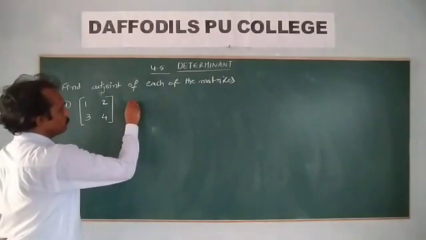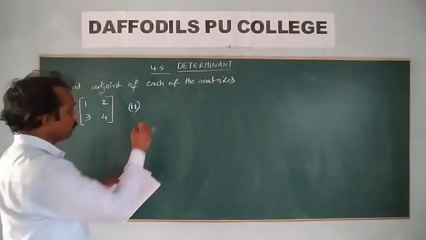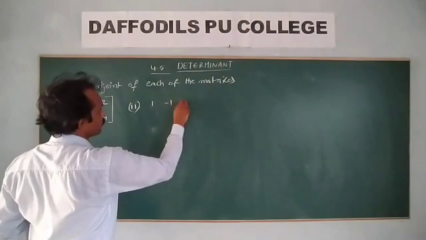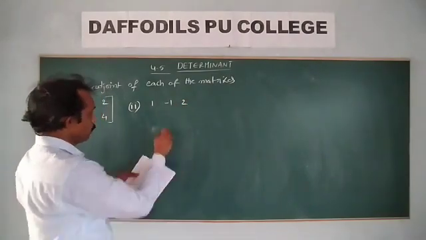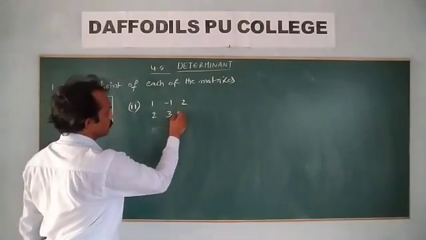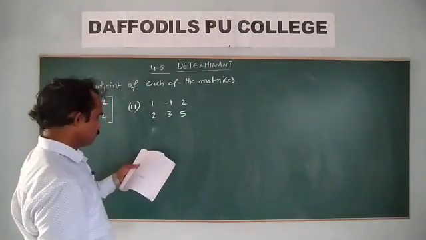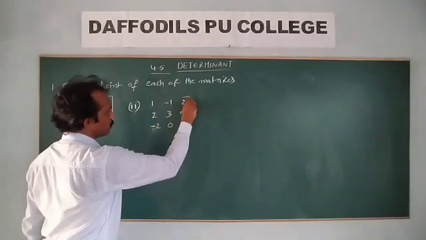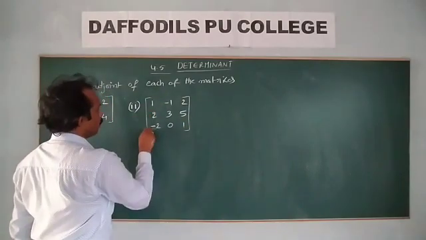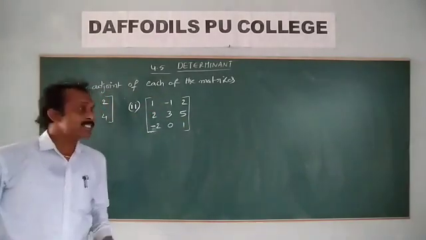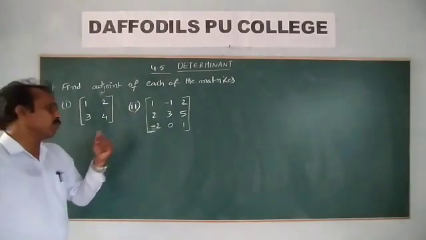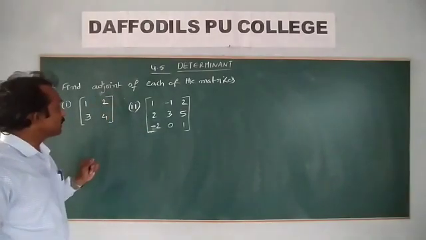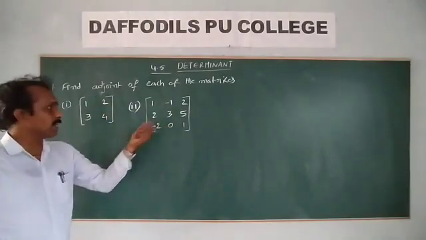Second problem: 1, minus 1, 2, 2, 3, 5, minus 2, 0, 1. I will explain how to find the adjoint. What is the adjoint? Transpose of cofactors.